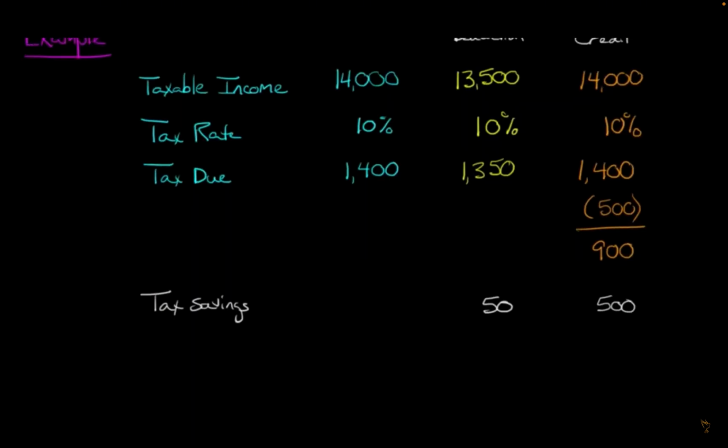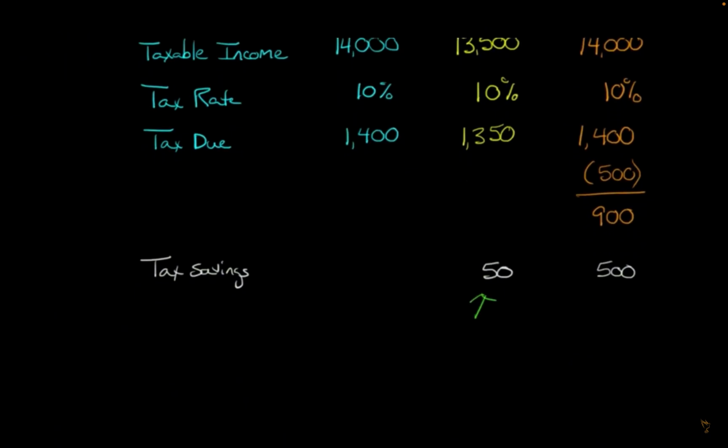So we can look at this and say, okay, when we think about a deduction, this is reducing tax due. I mean, it's reducing our income, but ultimately it reduces tax due by the marginal rate of taxes that we're paying.